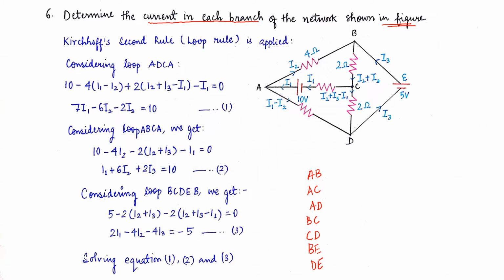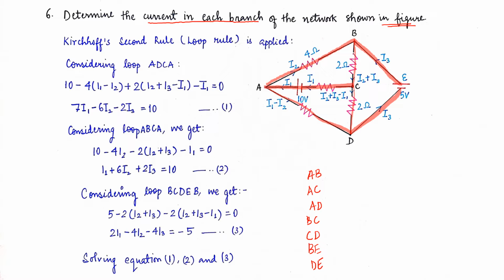Just see. Branch AB, branch AC, branch AD, then branch BC, branch CD, branch DE, branch BE. So these all are the branches.